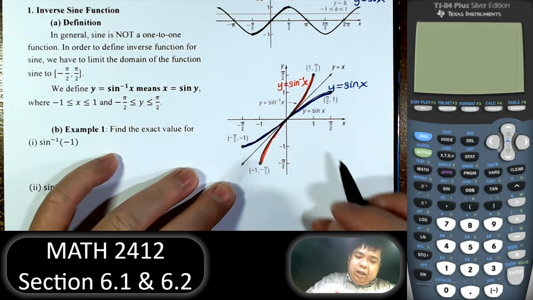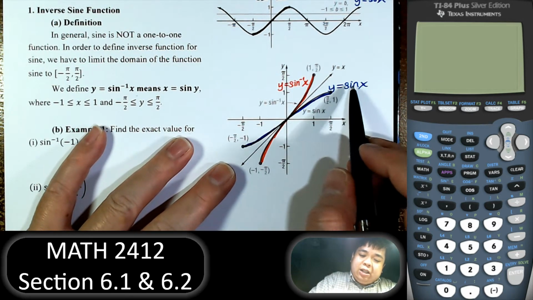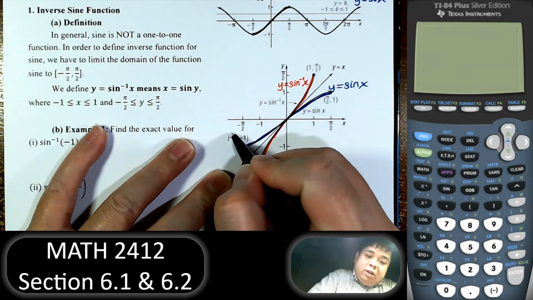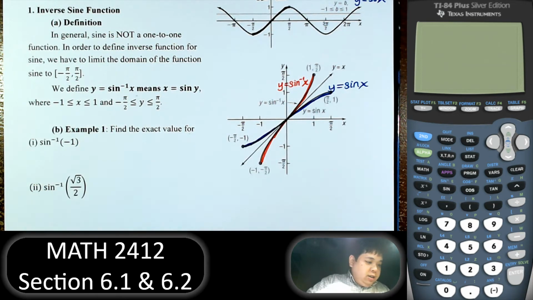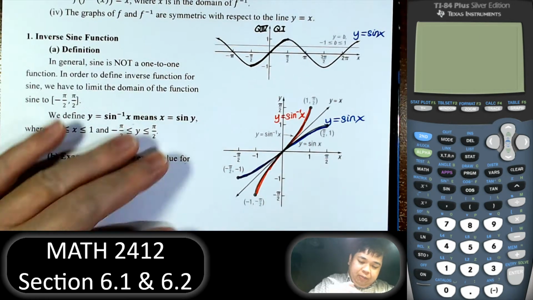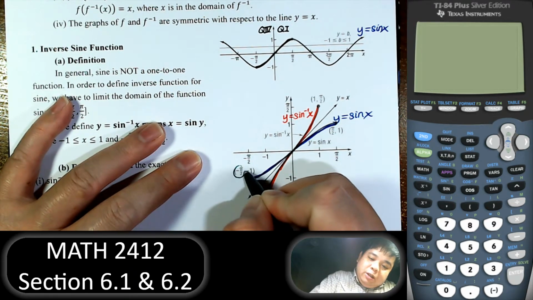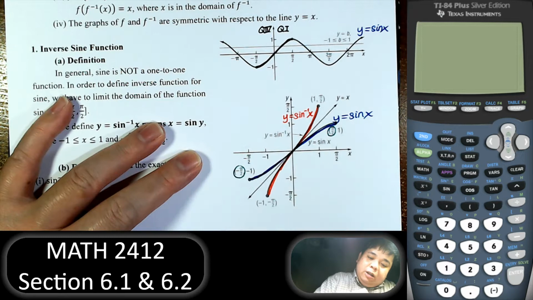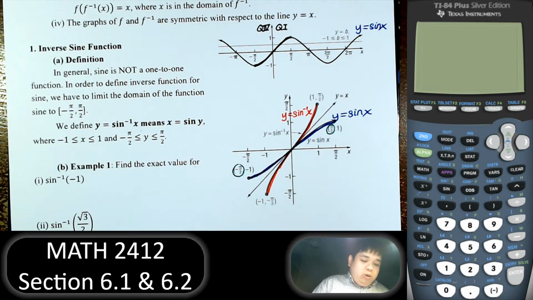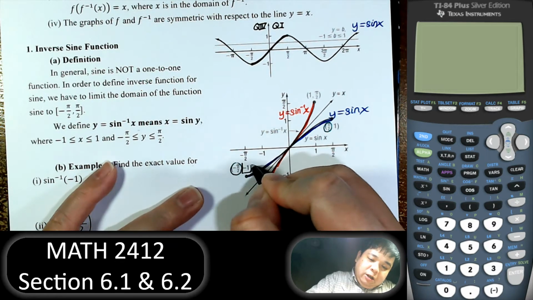So first, in the function y equals sine x, we restrict the domain to from negative pi over 2 to pi over 2. And the range will be from negative 1 to 1.